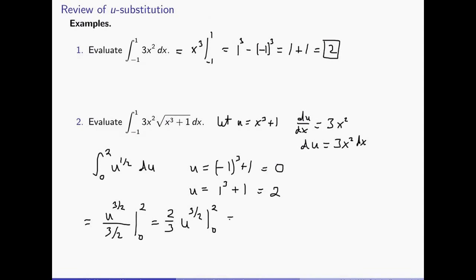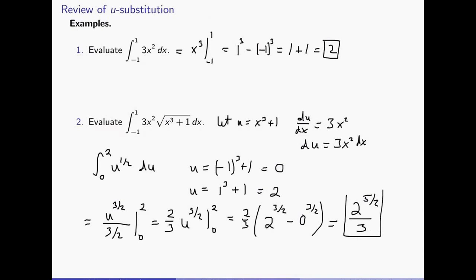So this is 2/3 times 2 to the 3/2 minus 0 to the 3/2. We can ignore that 0. And so notice we have a 2 to the 3/2 here times 2 is going to give us 2 to the 5/2. So that's going to be 2 to the 5/2 divided by 3. And there is our final answer.